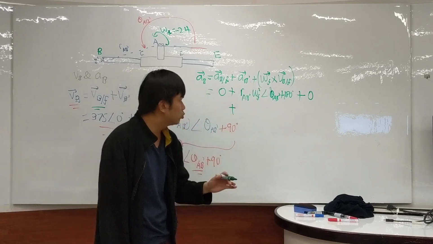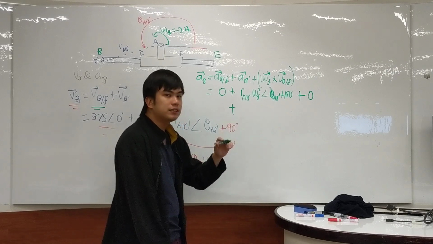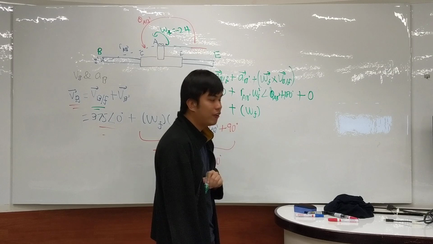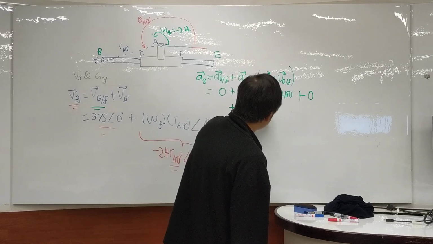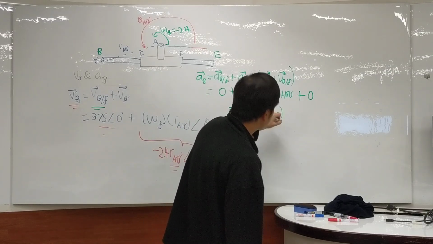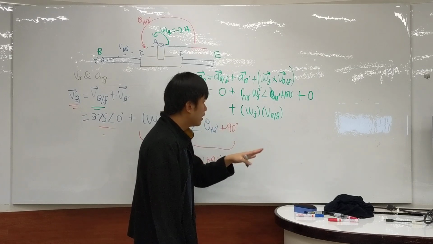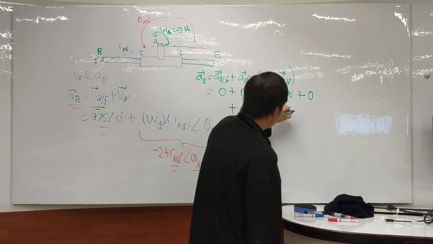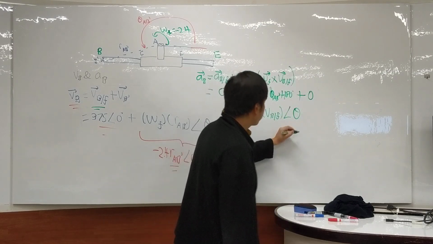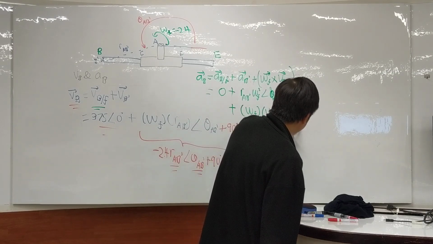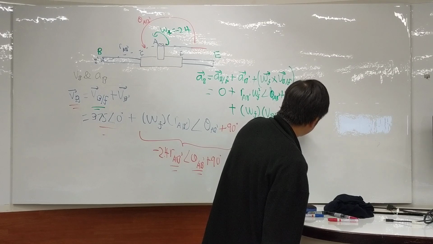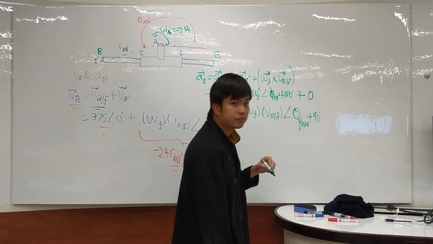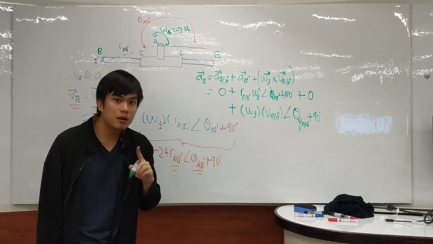The shortcut to do this is basically to get the magnitude of omega F and the magnitude of V B slash F. That's all. And then the direction is equal to the direction of V B slash F plus 90. Let me repeat.